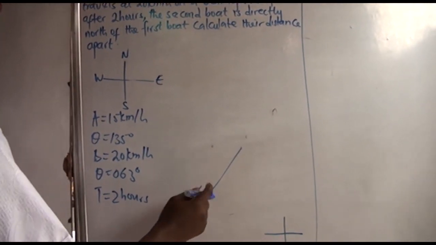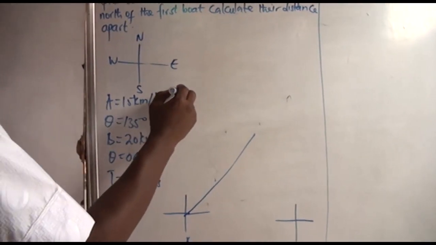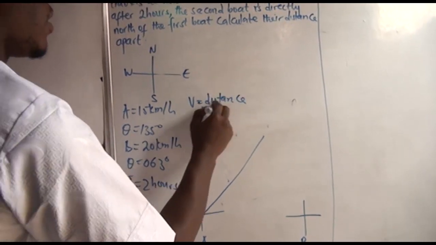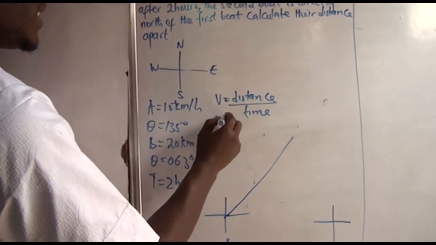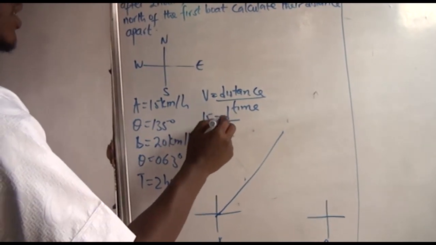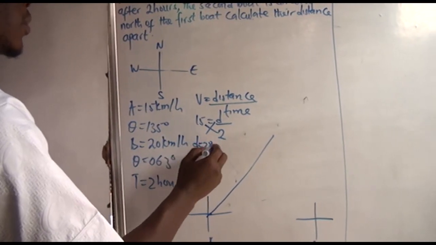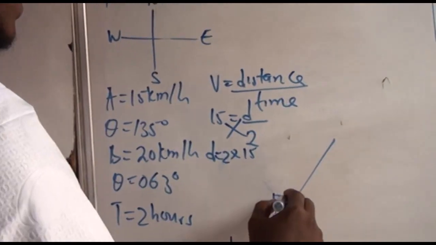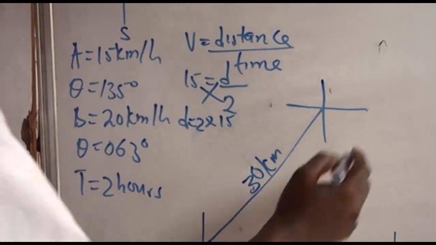V equals distance over time, so with velocity 15 and time 2 hours, cross multiplying gives 2 times 15, which is 30 kilometers.